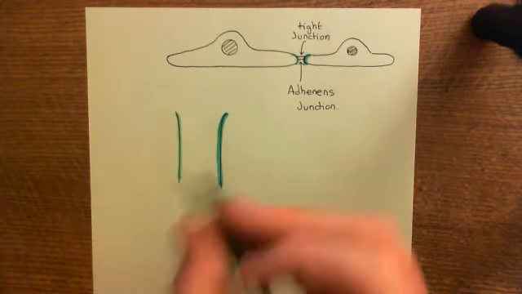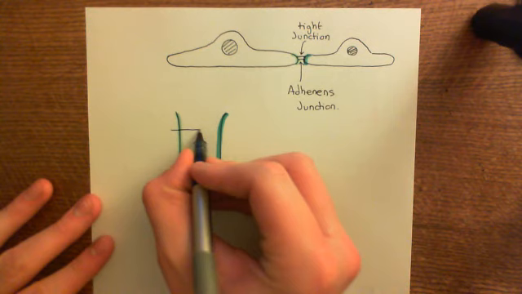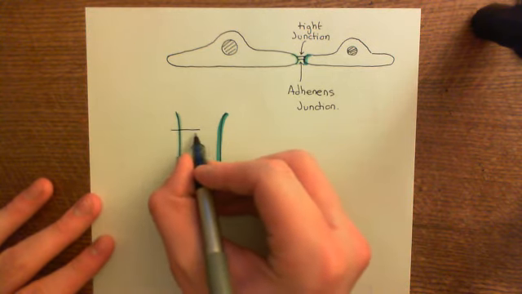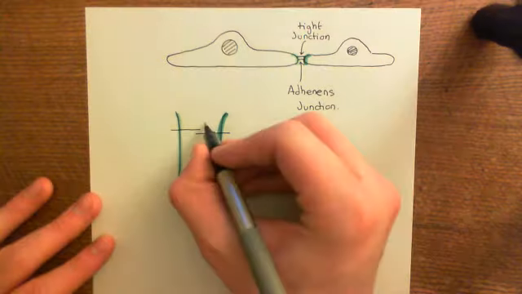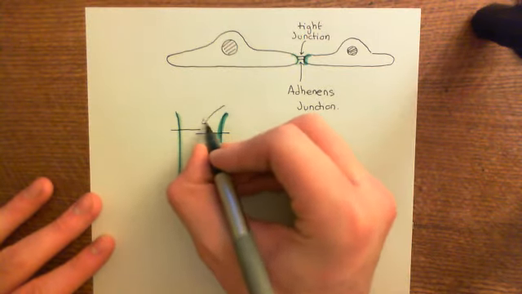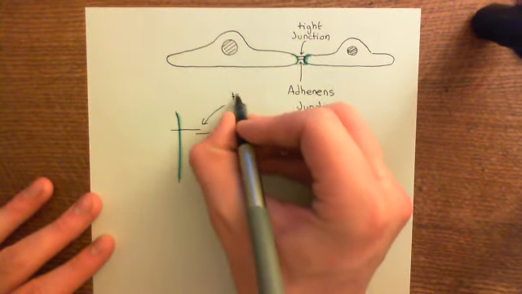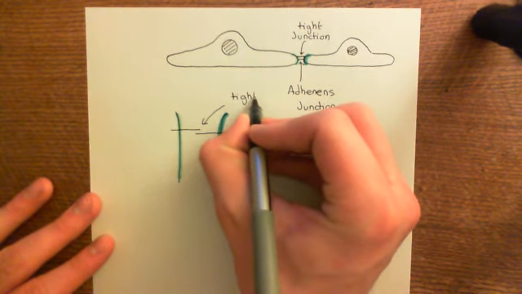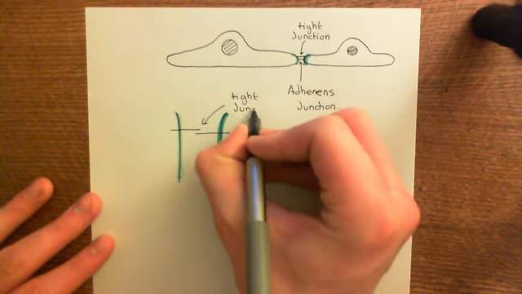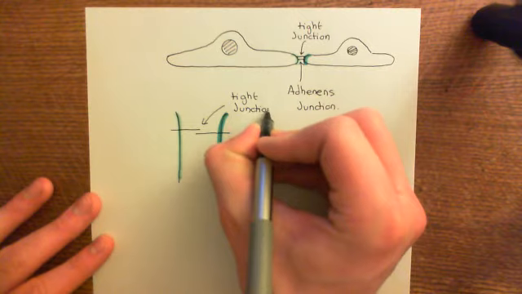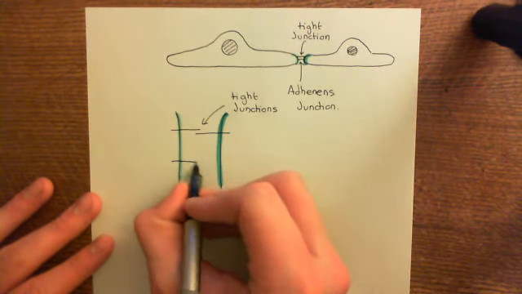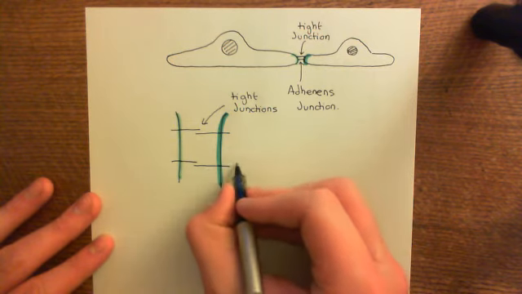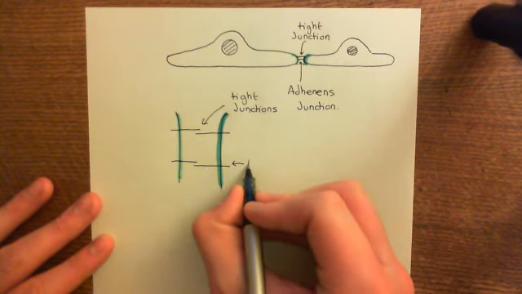So we now have these tight junctions, and these are made up of loads of proteins. There are actually, I think, 3 separate protein complexes involved in tight junctions, but for simplicity we'll just have one. So here's the tight junction, and then the adherens junction is just one protein complex, but there are absolutely loads of proteins involved in the adherens junction as well.